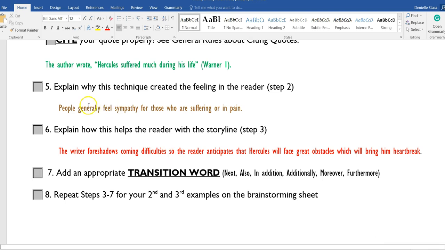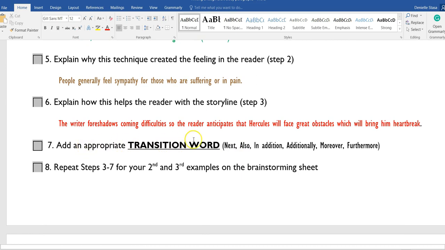So, right, for example, I wrote difficulties instead of problems, and I wrote anticipates as opposed to foreshadows or thinks. So just using that academic vocabulary when you write your actual paragraph.